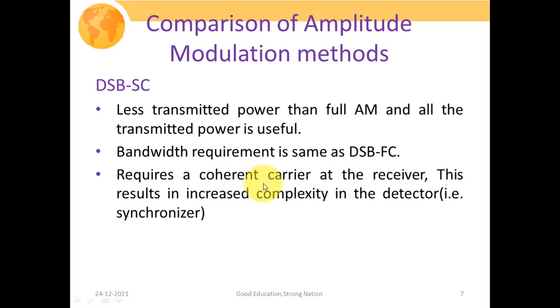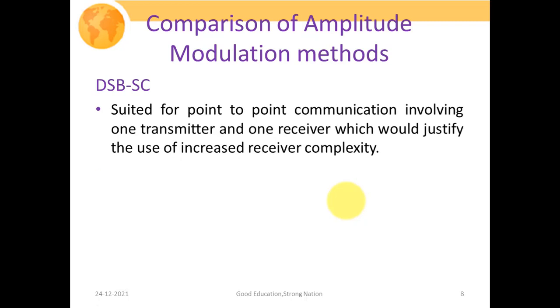It requires a coherent carrier at the receiver. Obviously, this means that at the receiving side we must have the carrier information so that we can demodulate our signal without any distortion. This increases the complexity of the detector, since we require external circuitry or some means by which we can get the carrier information at the receiving side, so that the local oscillator can generate the same frequency component that was generated at the transmitting side.